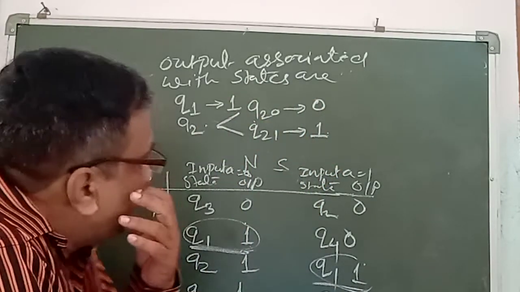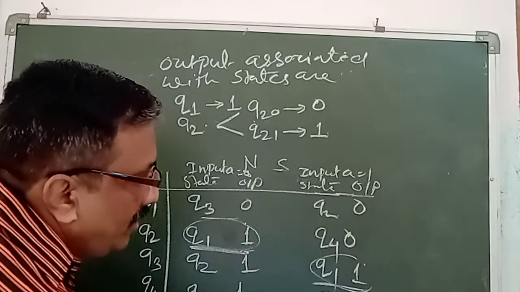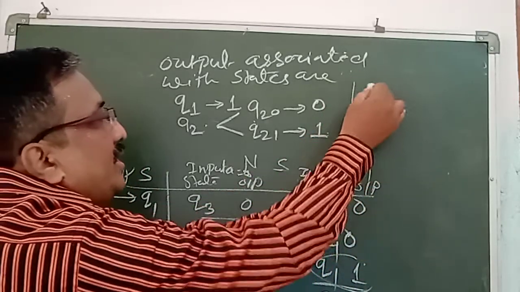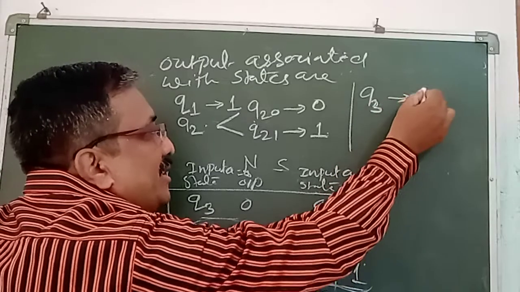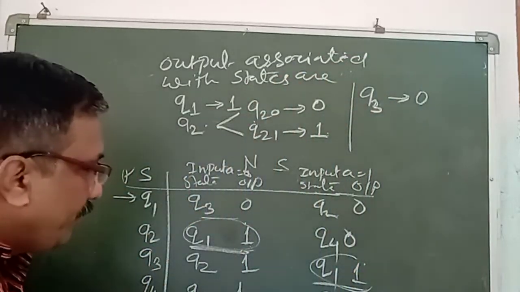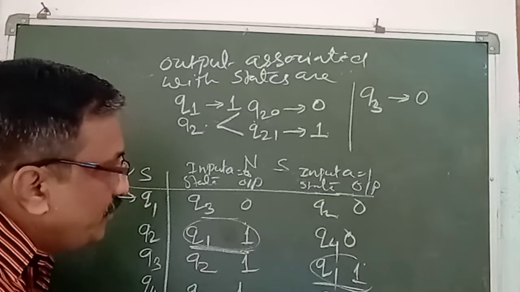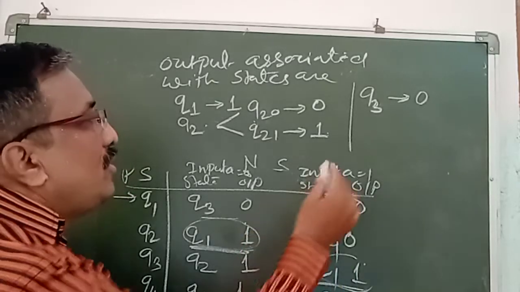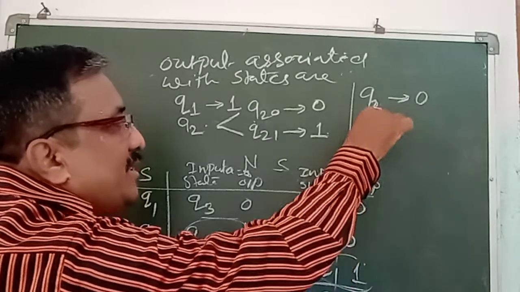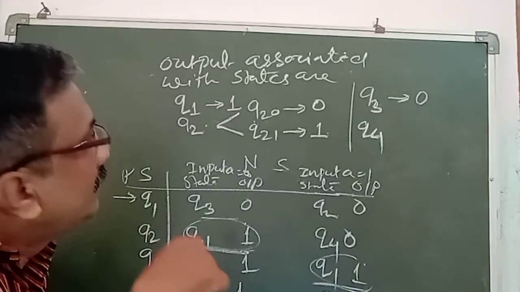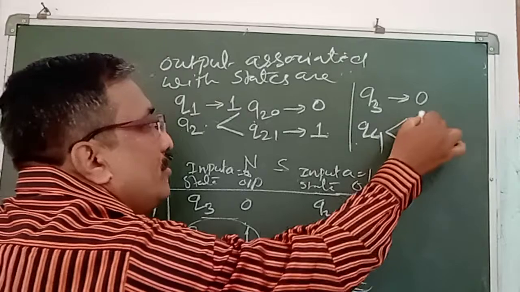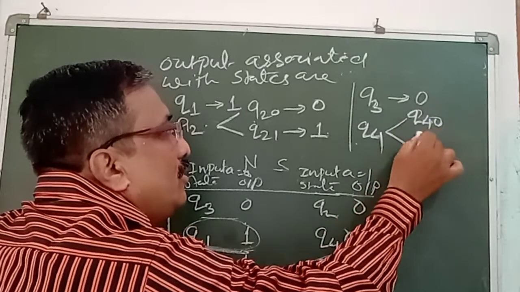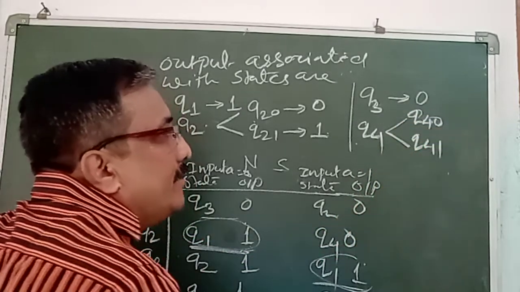And for state Q3 it is 0 and 0. So output associated with state Q3 is 0. Again for state Q4 it is 1 and 0. So output associated with the states Q4 are 0 and 1. So state Q4 again splits into state Q4 0 and Q4 1.